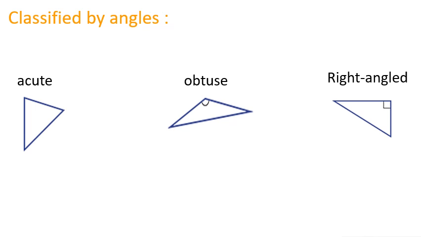We can classify triangles by their angles. So we've got three different types. Acute. So acute means that all of the angles are less than 90. Remember that acute are the small angles, so less than 90.